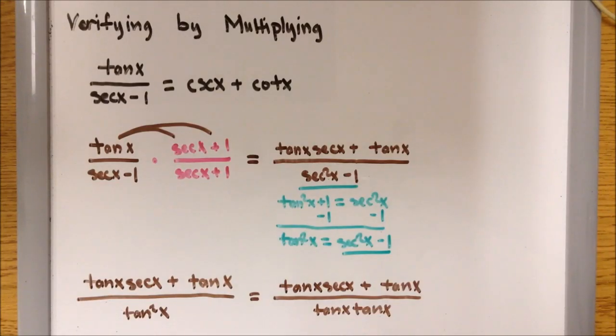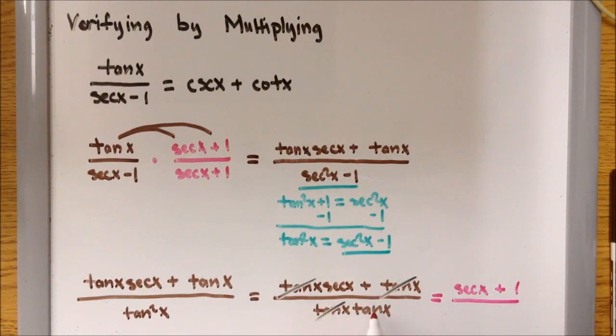Since I actually have a tangent of x here and tangent of x right here, both in the numerator, and tangent of x in the denominator, I'm going to divide tangent of x from here, from here, from here. So tangent x, secant of x divided by tangent of x will be secant x. Tangent of x divided by tangent of x will be simply plus 1.